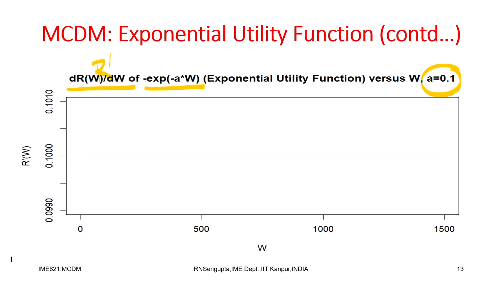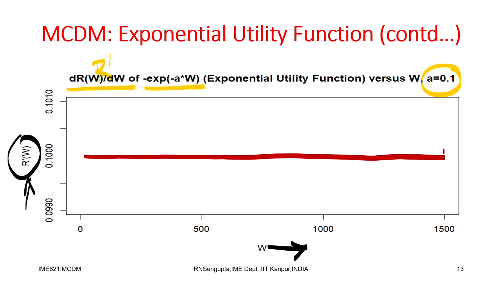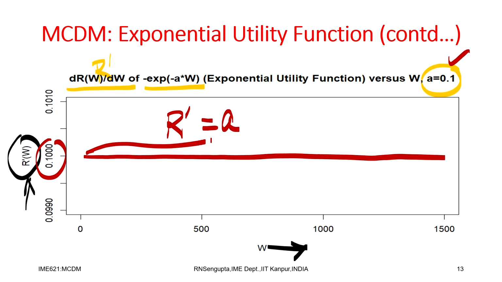We are plotting w along the x axis and r prime along the y axis, and very interestingly, there is again a straight line, but this straight line is not 0, because if you remember, the value of r prime was equal to a, and what is a? 0.1, which is multiplied here. So, the value of a which you see here and the value of a we started with actually corroborates the fact that the r prime calculations on the graphs are exactly the same.